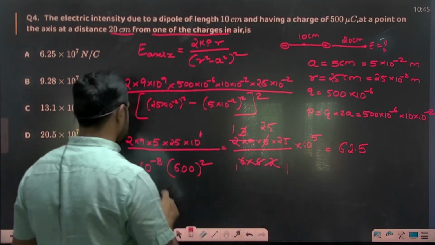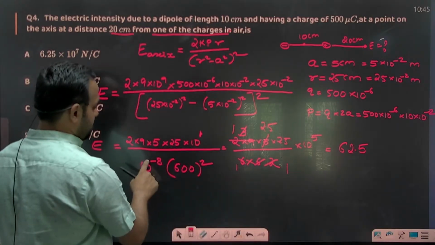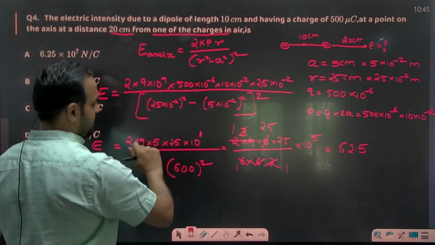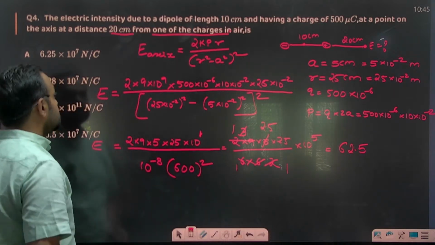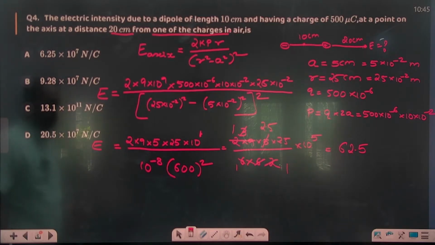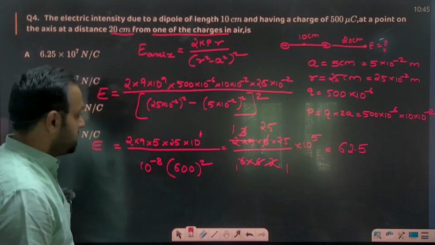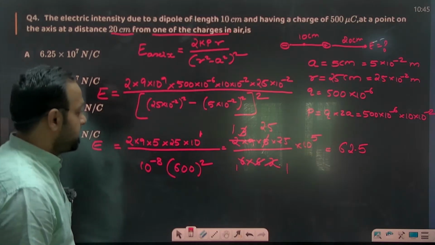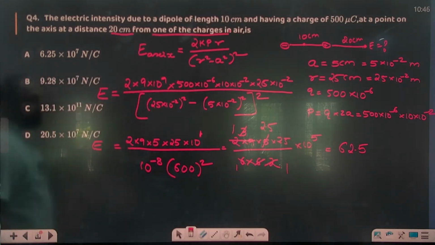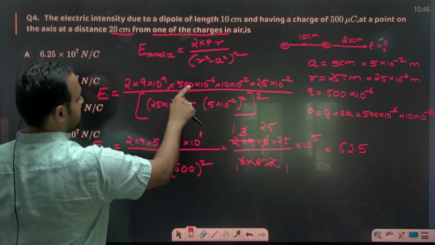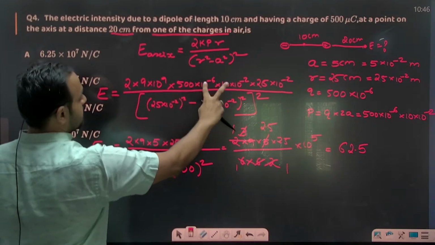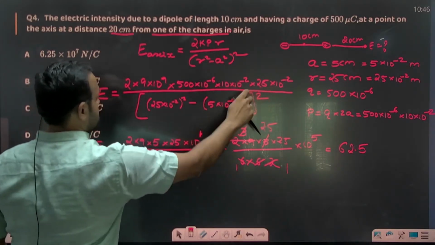No, 10 is also done. 10 power minus 8, 10 power 4 is 10 power minus 4, and 10 power plus 4 into 10 gives 10 power 5. Nine, 10, 11, 11 minus 10 is 1.